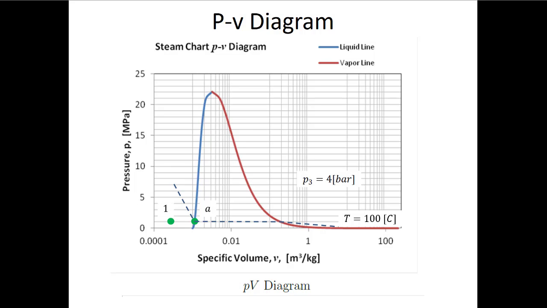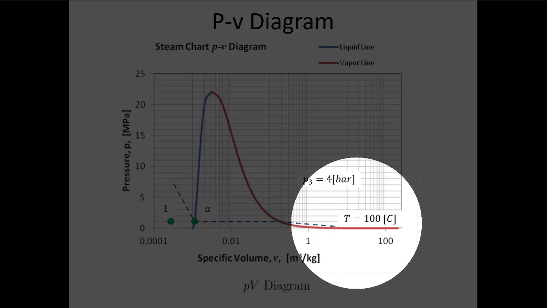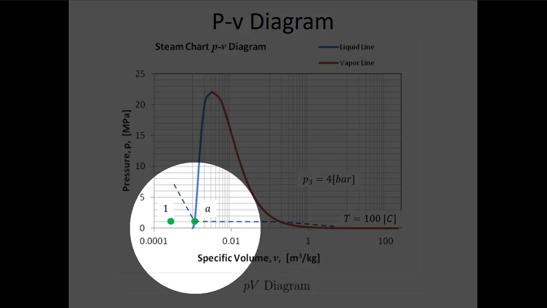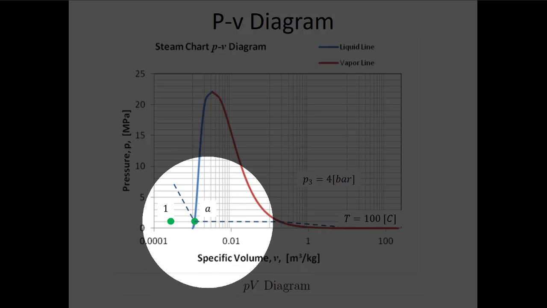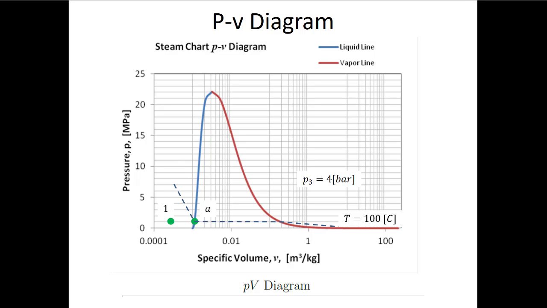But state 1 is 20 degrees, right? So what would happen is if we drew a 20-degree line, it would slide down here. So it would have some constant pressure line down here, and it would come up through here. So because we're at 20 degrees, it has to be below this 100-degree line. So I'm going to draw it over here because we know that the pressure is 1 atmosphere.